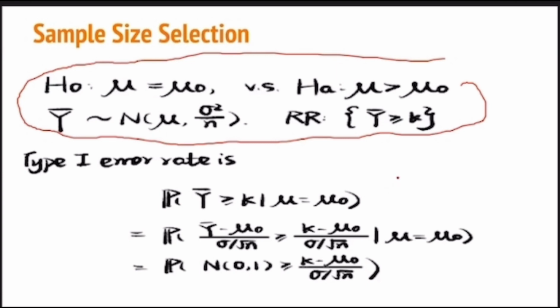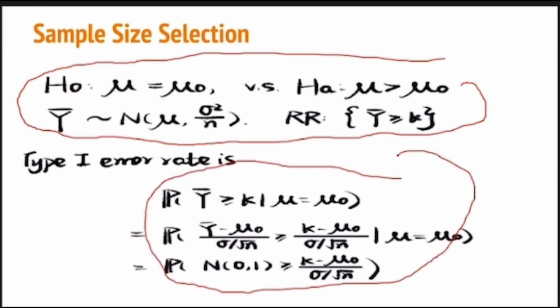All I'm going to do is equate this to alpha. If I know my k, my mu naught, and my sigma, I will be able to determine my sample size. Does that make sense? Because that probability will be equal to alpha. And in a way, you're going to use the inverse normal.